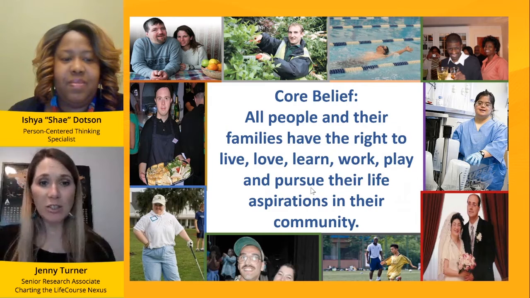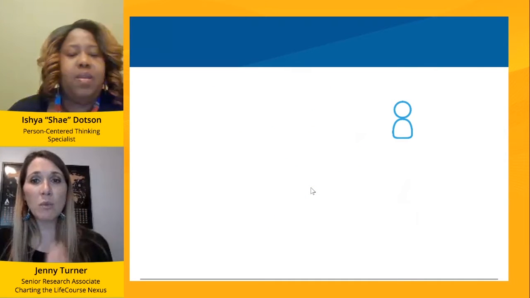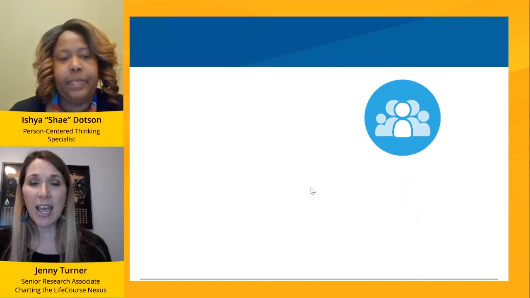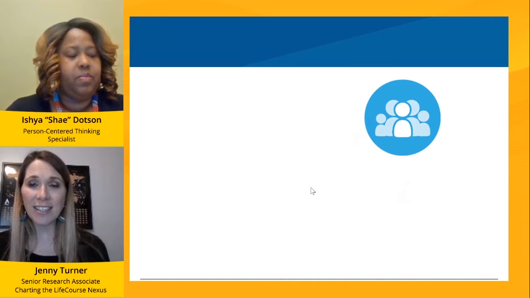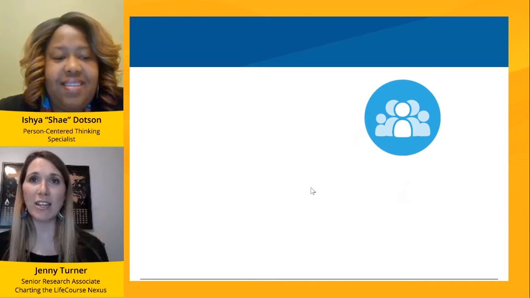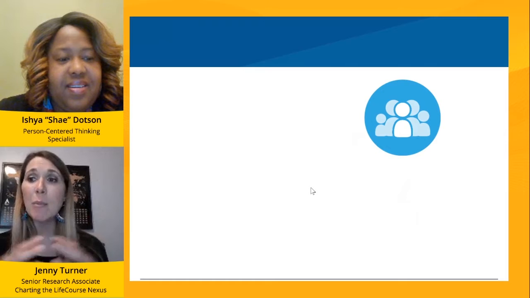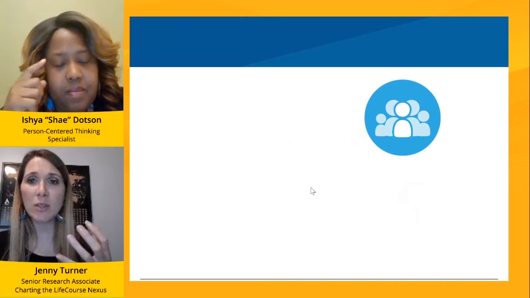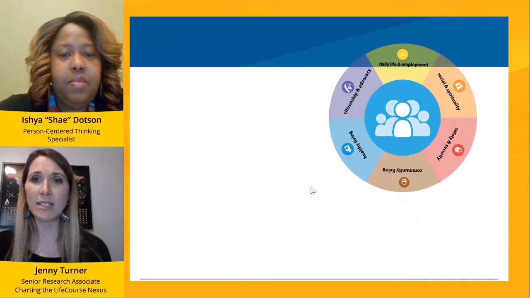So on a really quick overview of the framework, some of our key principles, it really starts with a person. But we know that that person exists within the context of a family. We all come from somewhere. We all have a background and experiences that have impacted us for our lifetime. And so really understanding who that person is, as well as who that family is and how that all interacts together.